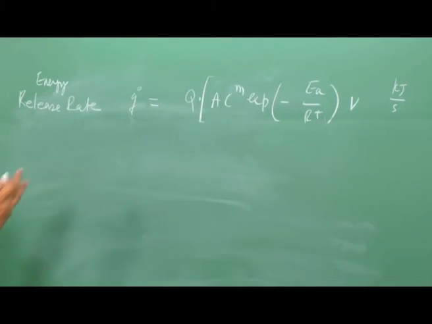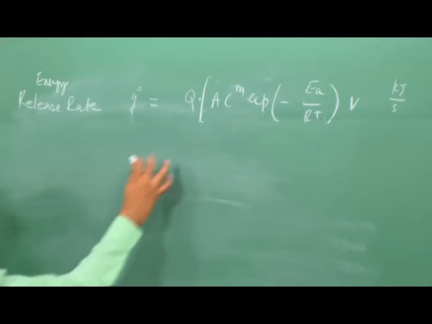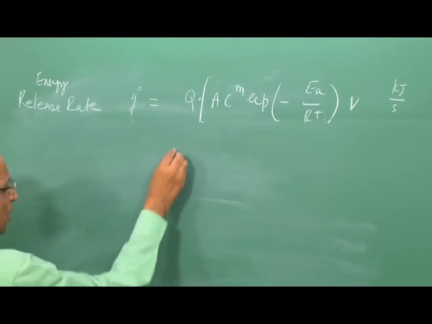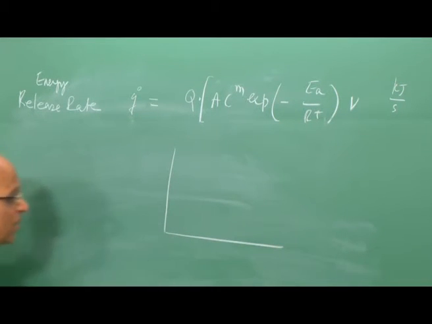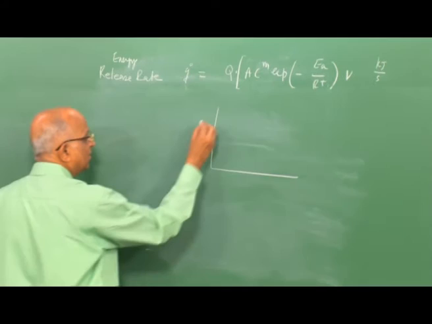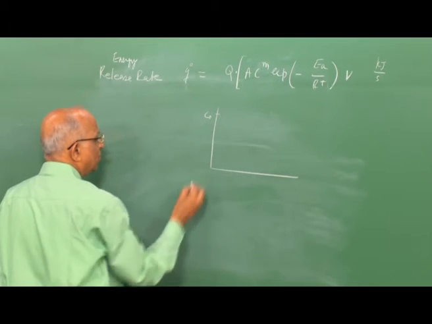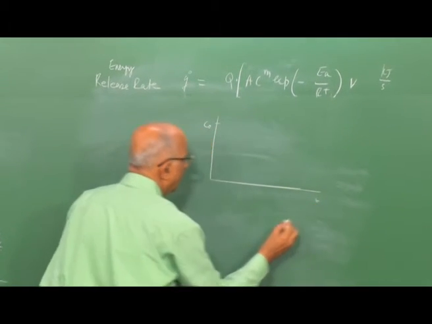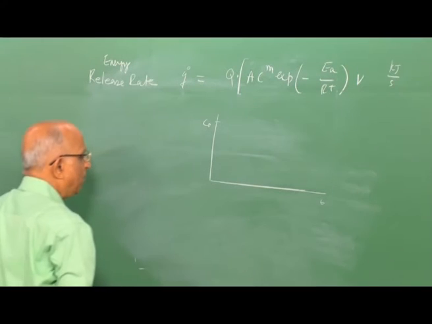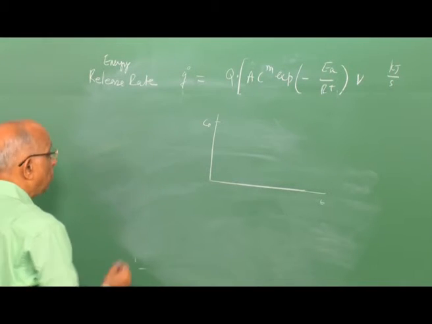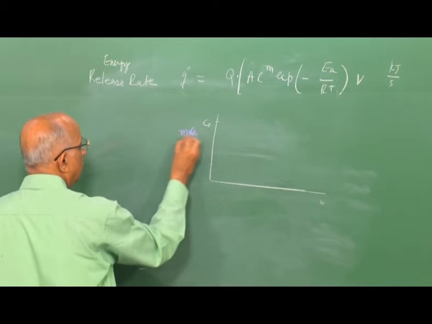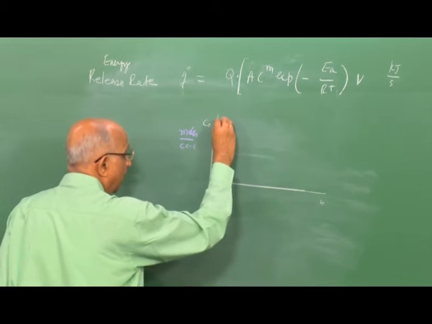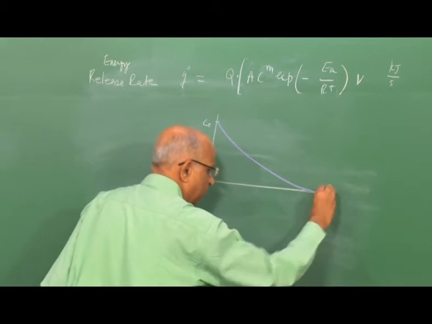Now, if I look at this particular expression, I can tell myself, yes, the rate of heat release depends on the concentration, and how the concentration will change. Supposing I have a chemical reaction, maybe the reactant, let us say fuel, has an initial concentration C0, and what happens? The fuel gets consumed over the time of the reaction, and ultimately when the reaction gets completed, the concentration of fuel, so much moles per cc, to begin with has a high value, it has not reacted, and maybe it progresses, and at large time it becomes 0.